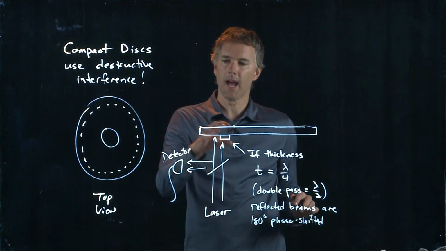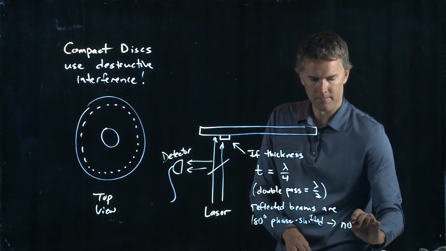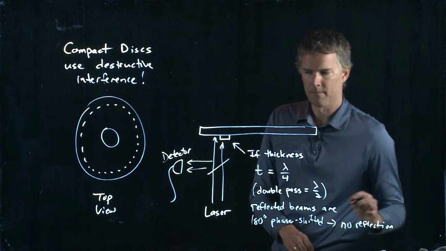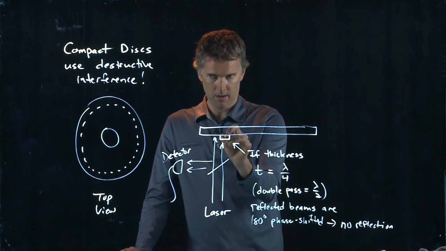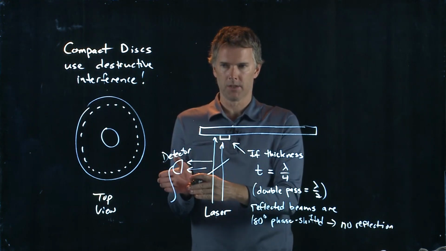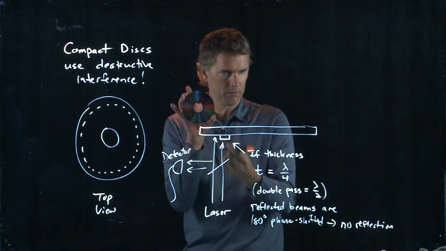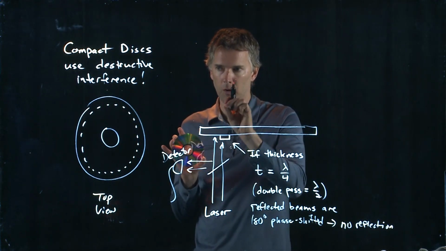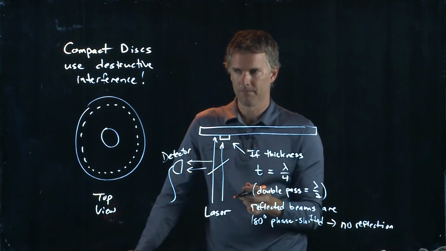And then you get no reflection. If there's no little plateau there, then you get full reflection. And so that's how you make your zeros and ones on your little disk, is you have these little plateaus and these little pits in there that change the reflection.